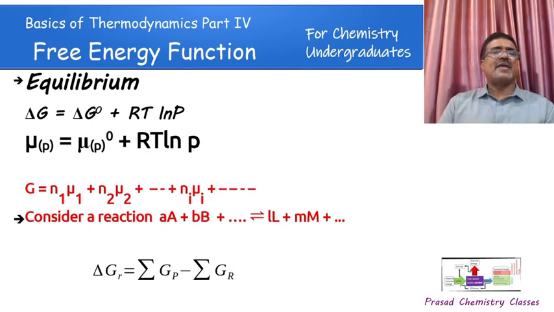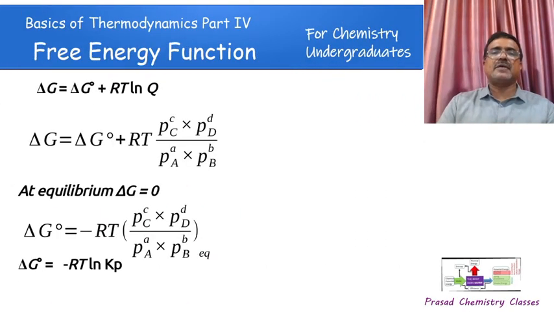Okay, chemical equilibrium we can take into consideration. We have the expression delta G equals delta G0 plus RT log P, mu equals mu0 plus RT log P, where P stands for partial pressure, and total free energy is equal to N1 mu1 and so on. Delta G for the reaction is G products minus G reactants. We add all of the products together and subtract the reactants, and put the mu equation there also.